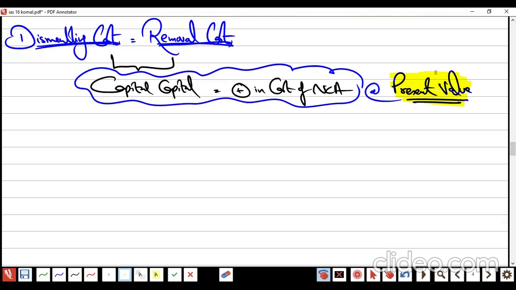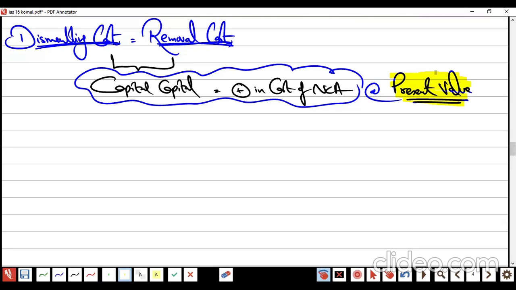Okay, what is present value? It is the current value of an asset. We use the present value when a time delay occurs. Got my point? Okay.